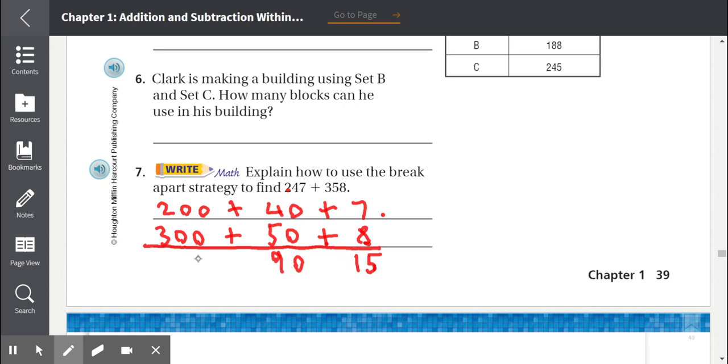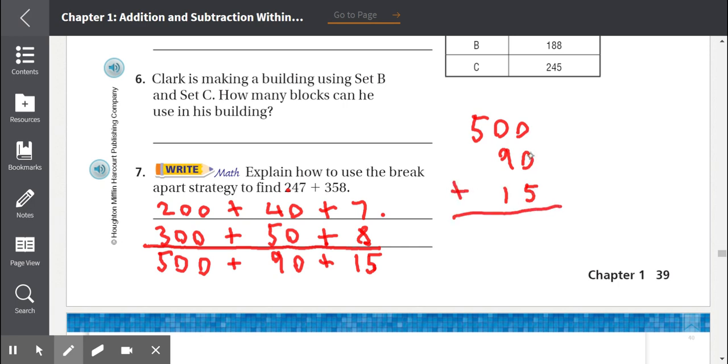And 200 plus 300 is 500. Now, we add these together. We add the addends together. 500 plus 90 plus 15.